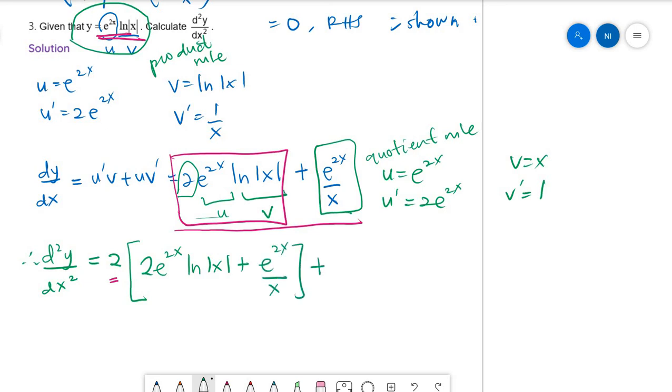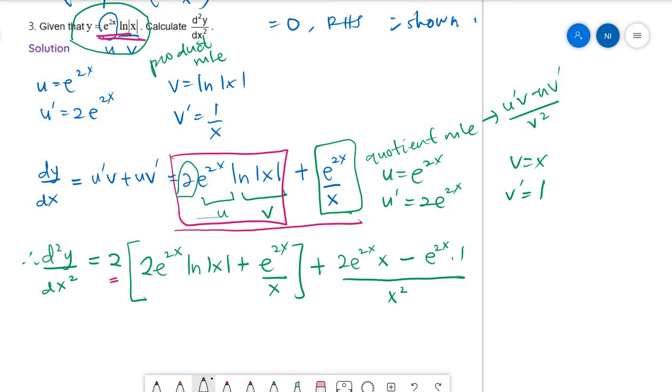Plus here we need to apply the quotient rule, which is u prime v minus u v prime over v squared. u prime is 2e to the power of 2x, and then v is equal to x. Next, minus u times v prime, 1, divided by x squared. That's it.